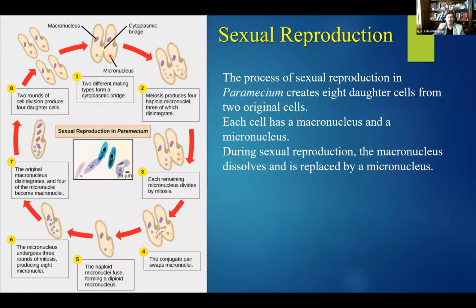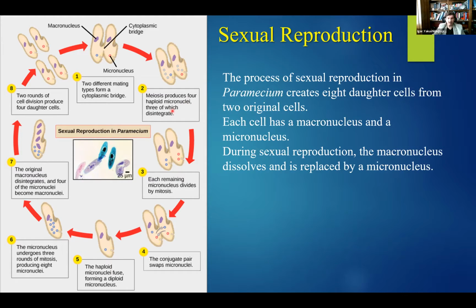nuclei. As a matter of fact, it will go through the process of meiosis. And remember, meiosis has two nuclear divisions, and it will produce 4 nuclei. So in this particular case, 4 nuclei, and 3 of them will disintegrate, break down.